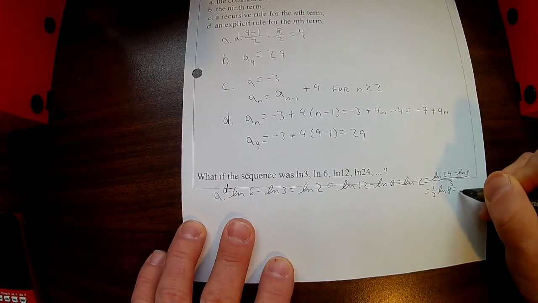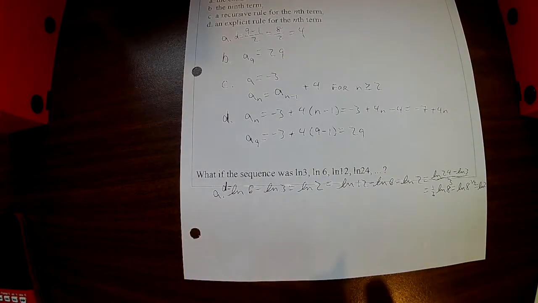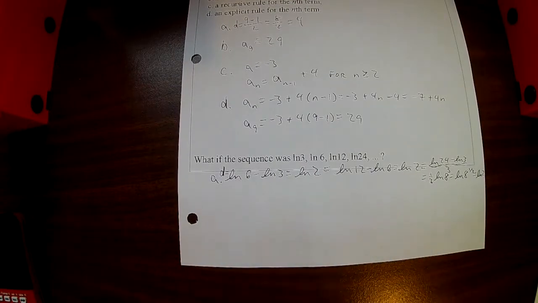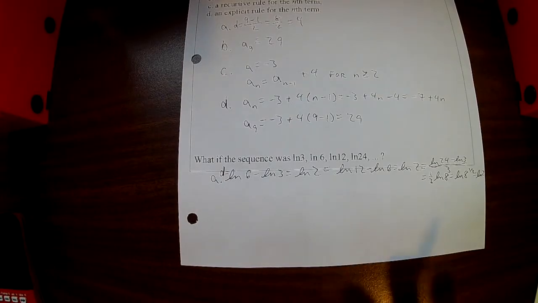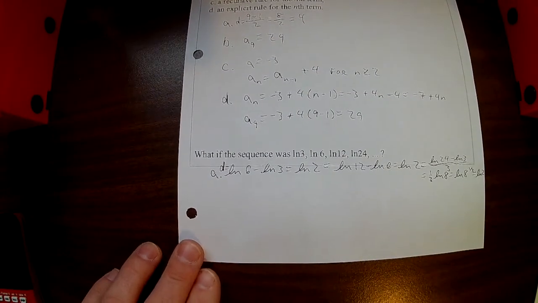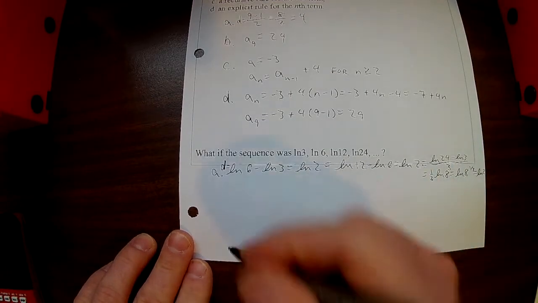I bring in that 1/3 power. This becomes ln of 8 to the 1/3 power, which is just ln of 2. Again, you don't have to do those multiple ways of doing it. I was just trying to show you all of the fancy mathematical acrobatics, not arithmetic there. So our common difference, ln of 2, however you want to find it.